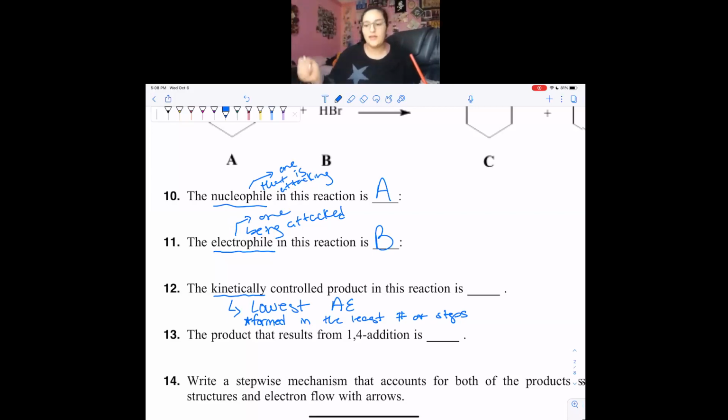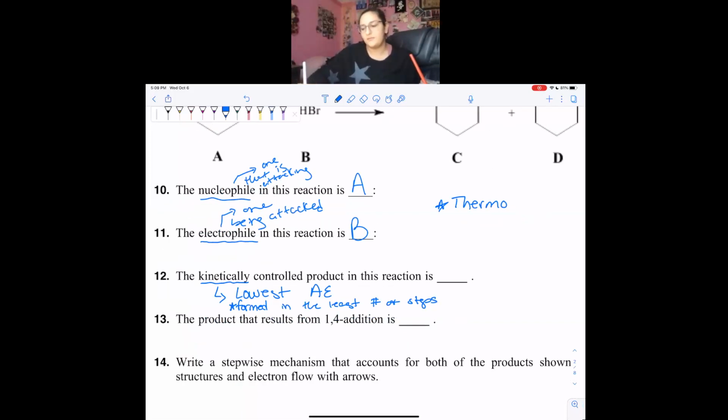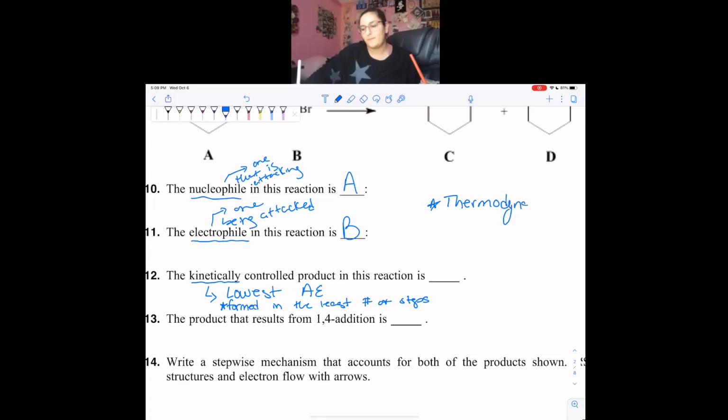Perfect. So then just for comparison purposes, what about the thermodynamic product? How do we know something is a thermodynamic product?